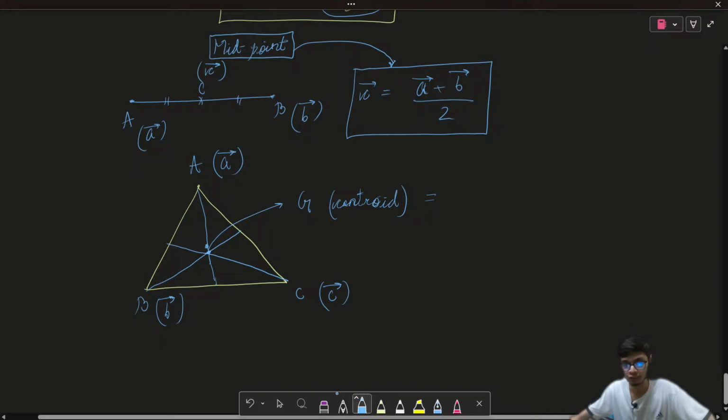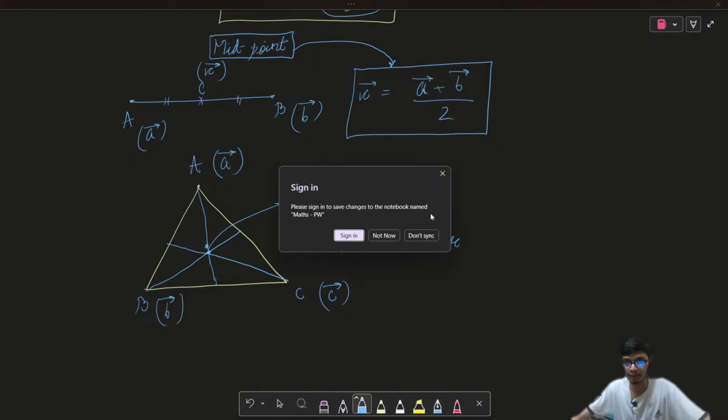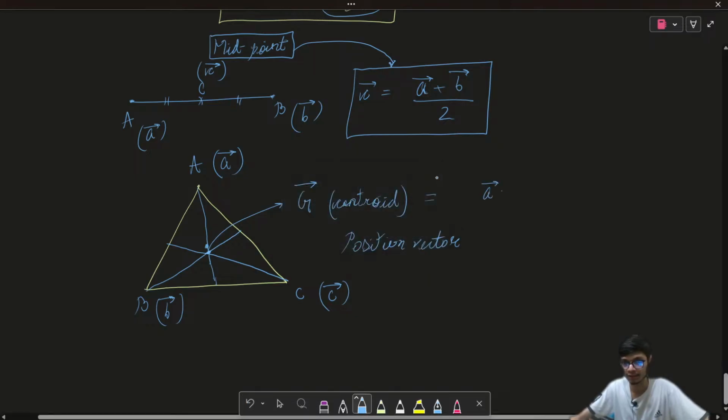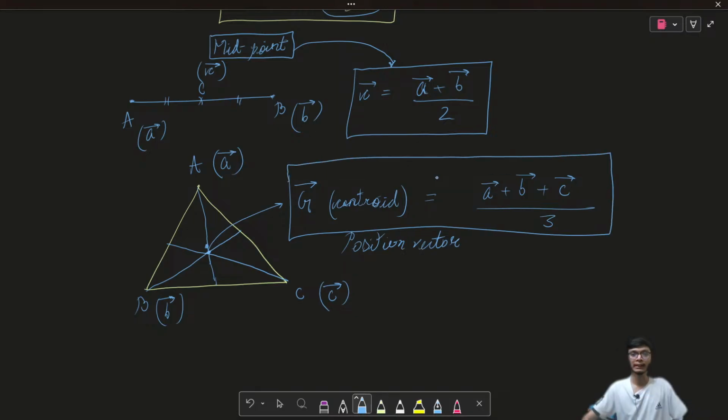If I want to find the position vector of the centroid, it can be simply given as A vector plus B vector plus C vector, whole divided by 3, right? This is simply from the results you have in coordinate geometry. So certain results of coordinate geometry are going to be similar over here, and I'm just going to take up those results.